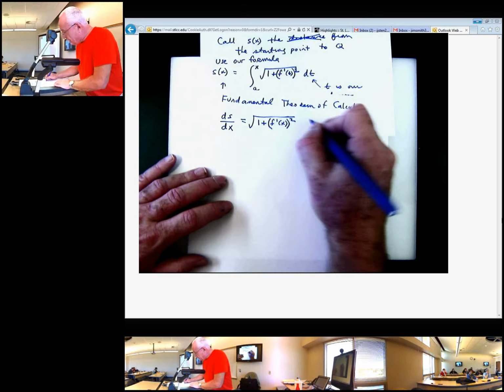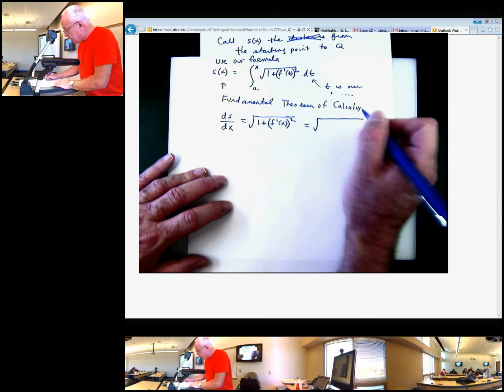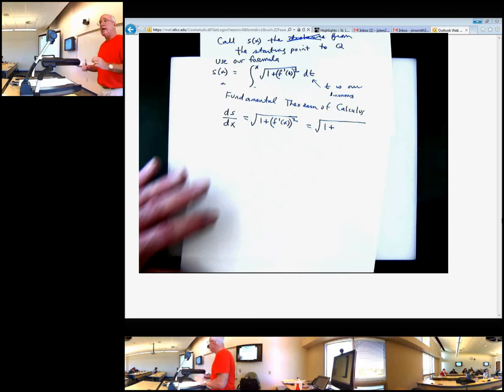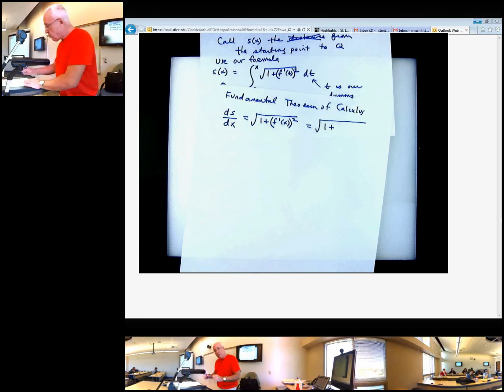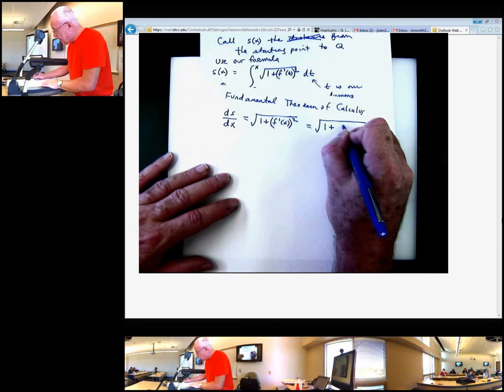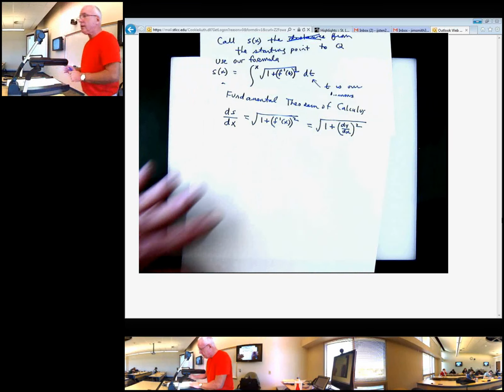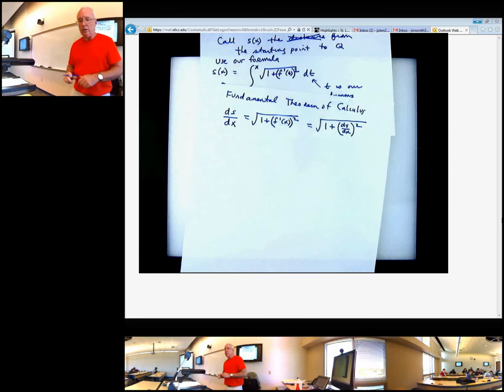Another way I can write this, with the Leibniz notation, is 1 plus, instead of writing f prime, I can write dy dx squared under the radical.